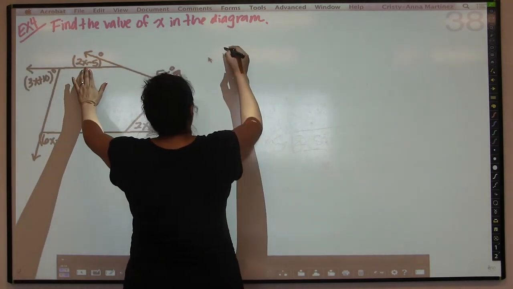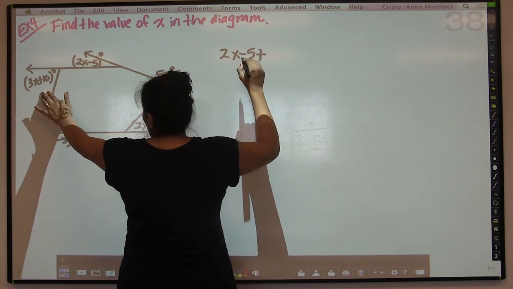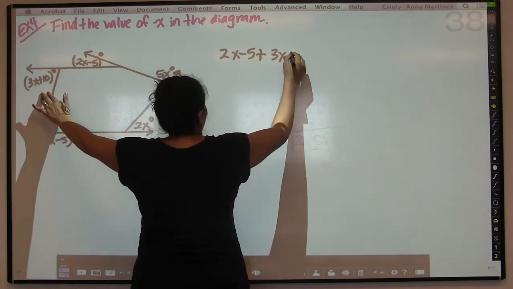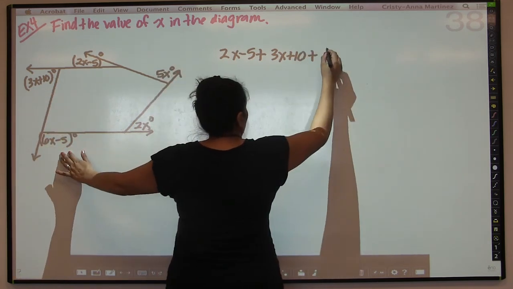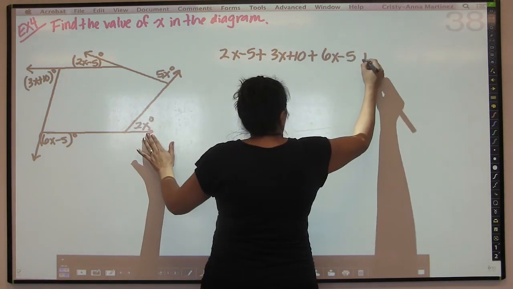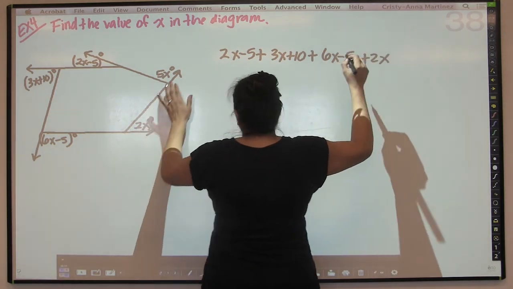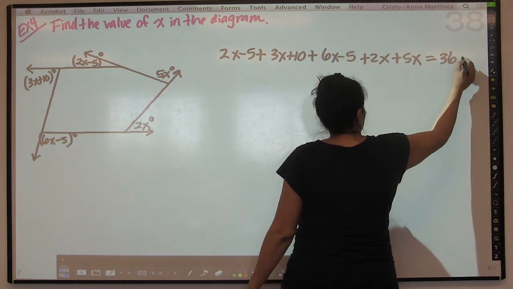We're going to start here with 2x minus 5. Add that to 3x plus 10. Add that to 6x minus 5. Add that to 2x. And to 5x. And it should all equal 360.